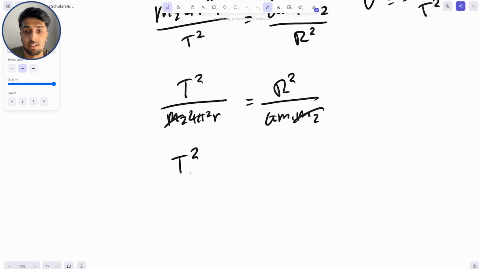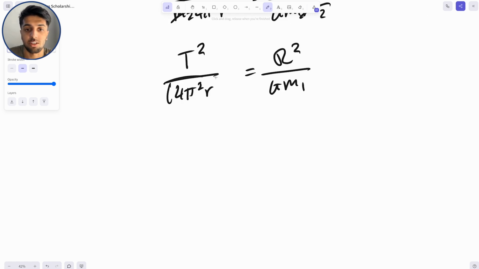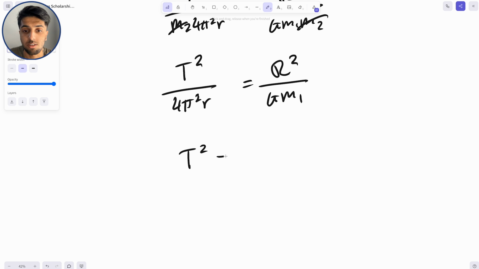So we get t squared is equal to 4 pi squared r is equal to r squared G m1. Now chucking this lot onto this side by multiplying by 4 pi squared r, we get t squared is equal to R squared 4 pi squared r over G m1.